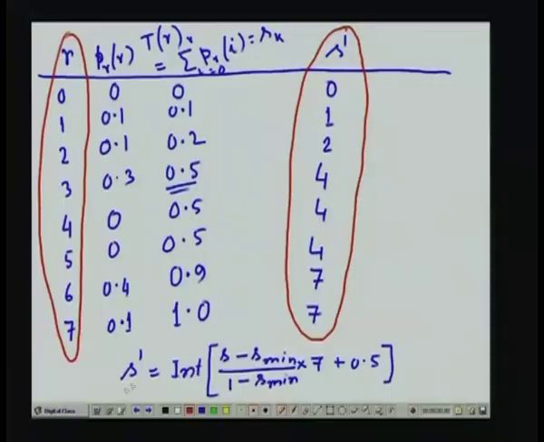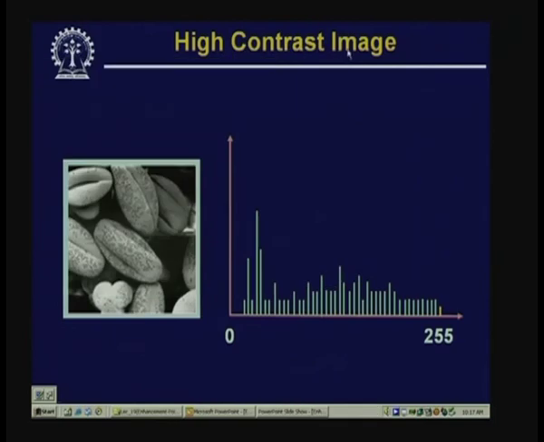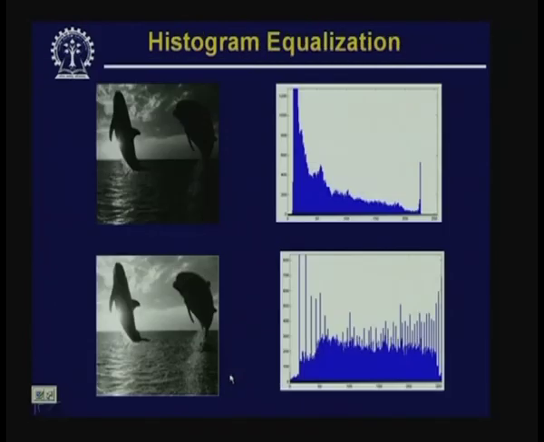So, this is how the histogram equalization operations have to be done, and we have seen in the last class that using such histogram equalization operations, we have got results which are given like this. Here we have shown a very dark image, and on the right hand side we have the corresponding histogram.